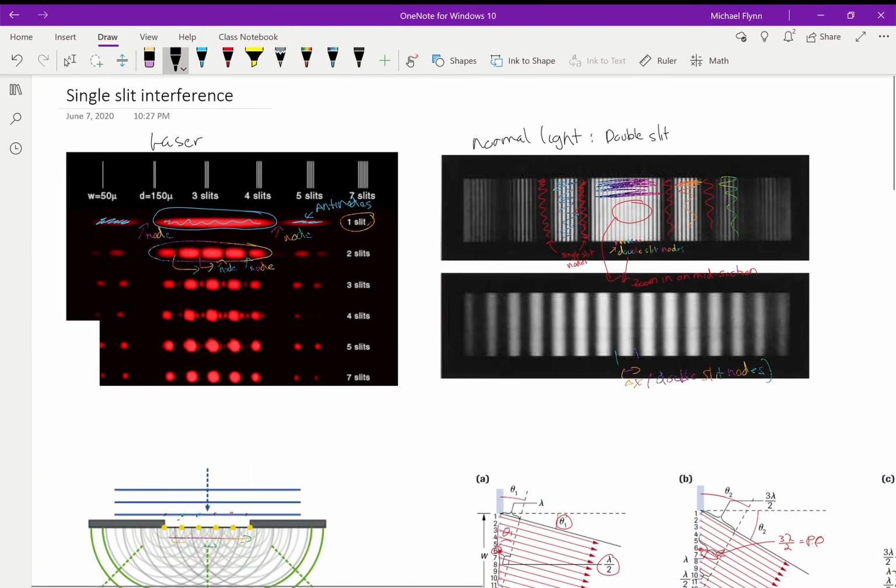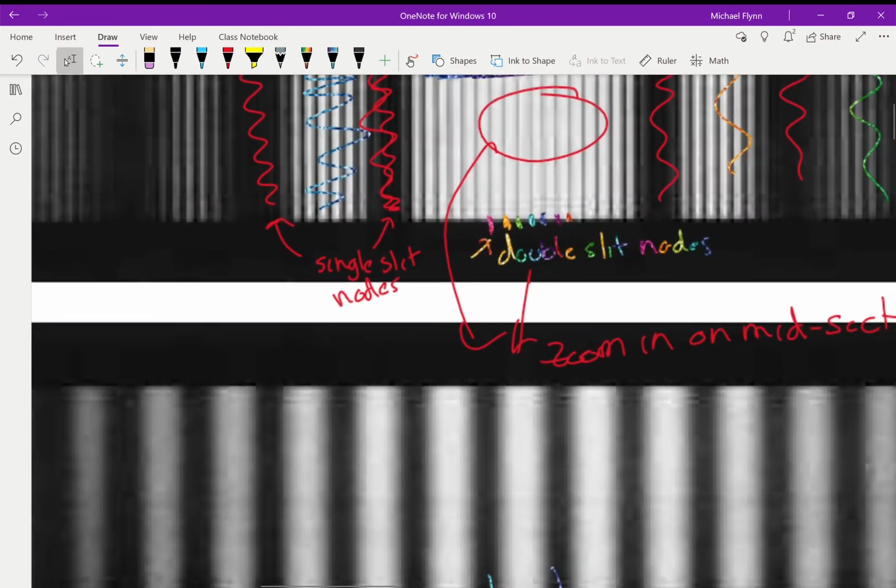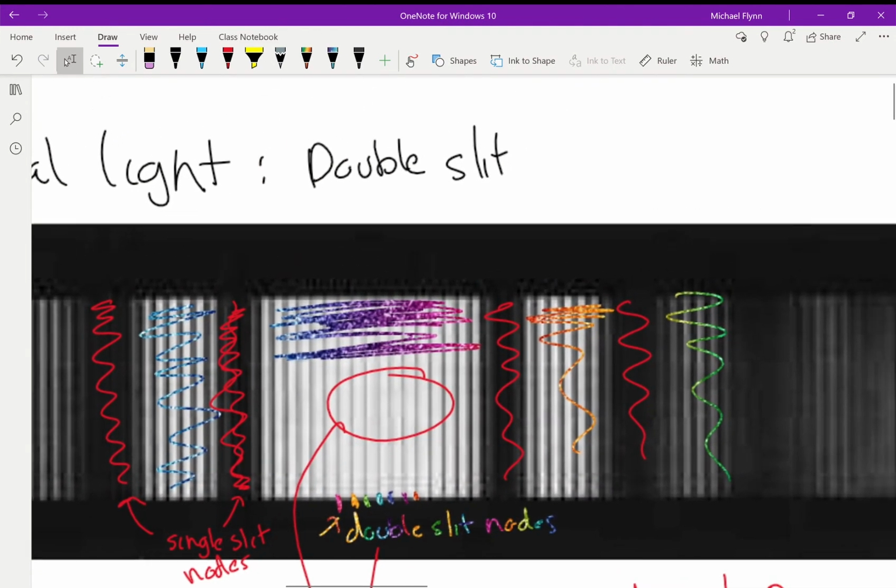Here, let's use this one. I'm going to draw a green line down the middle, and the green line colors in that central double slit antinode.